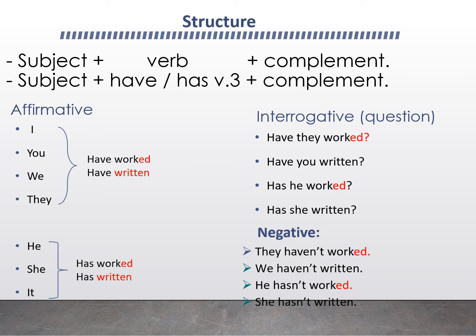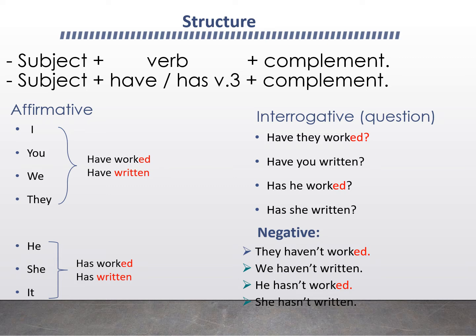First of all, talking about the affirmative sentence, we are going to divide the subjects into two kinds: singular subjects and plural subjects. If we are talking about a plural one, like I, you, we, they, friends, teachers, books, we are going to use have plus verb 3.